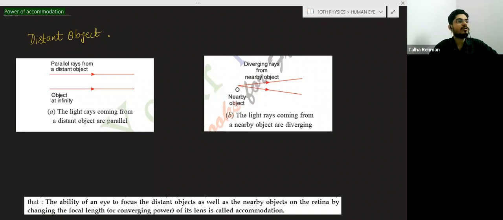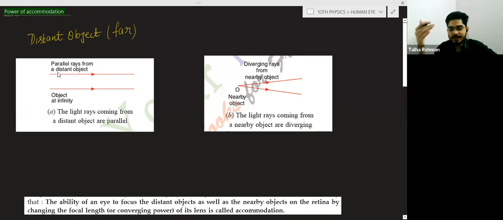Suppose you are watching the mountains from the top of your building, that mountain will be the distant object. A distant object gives you parallel light rays. So here I have written: the light rays coming from a distant object are parallel. This thing you should know.